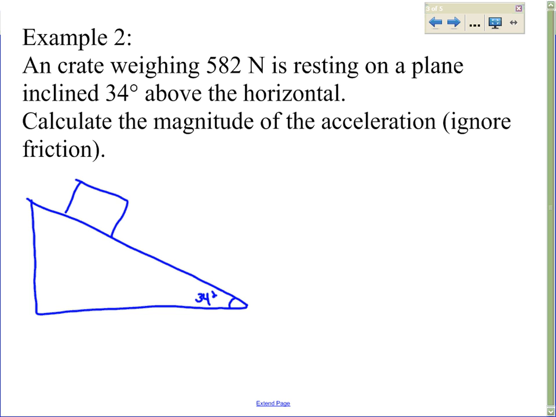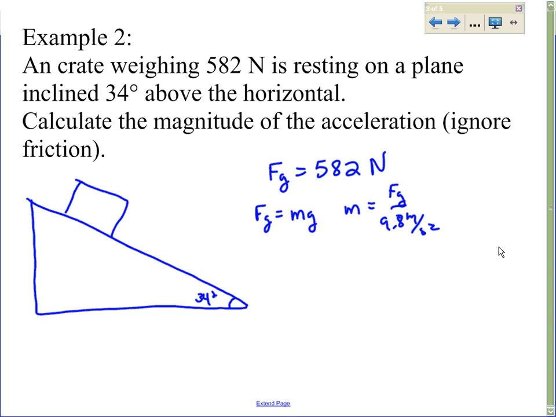Now they give us the weight of the crate. Fg is 582. Since they want the acceleration, I just know we're going to need to know the mass of it. So remember, Fg is equal to m times g. To find the mass, we're going to take weight divided by the acceleration due to gravity. Oops, let me clean that up.